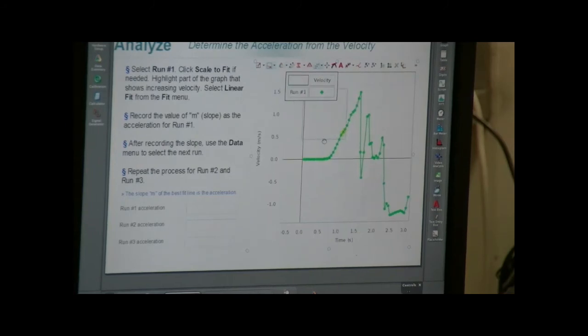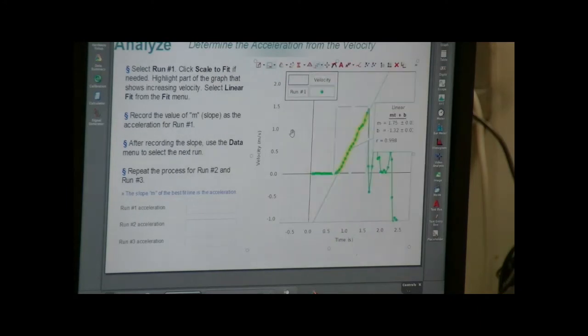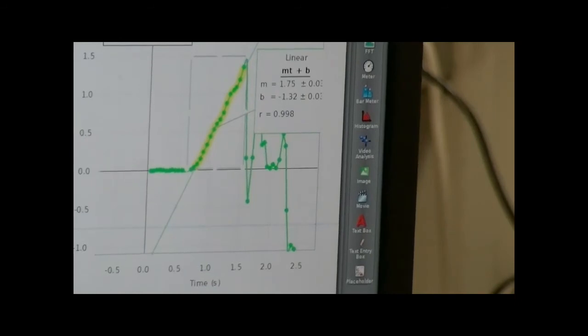So the first run, take our little box to highlight the points that we want. Okay, and then fitting a linear line. You get a slope of 1.75 meters per second squared.